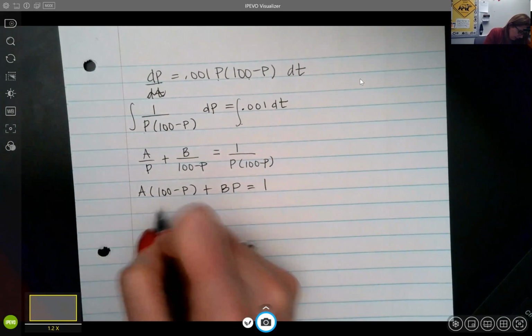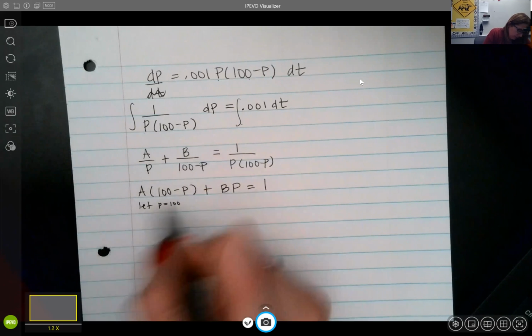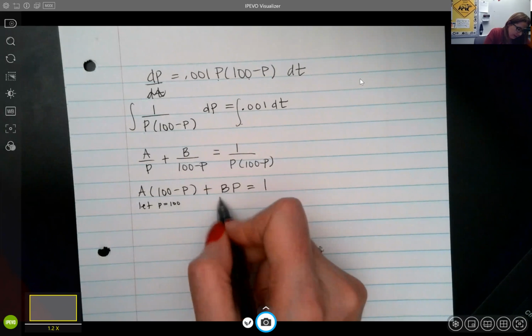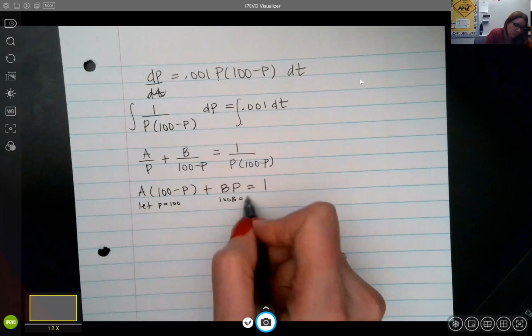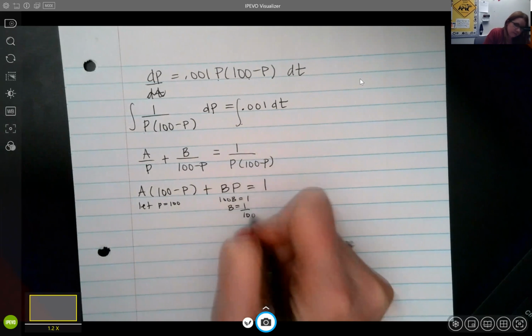Okay, so I'm going to let P equal 100. If P is 100, then the A term cancels out, and this would be 100 times B equals 1, so B equals 1 over 100.